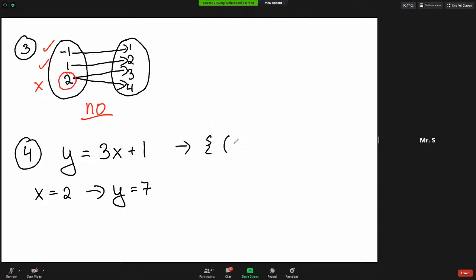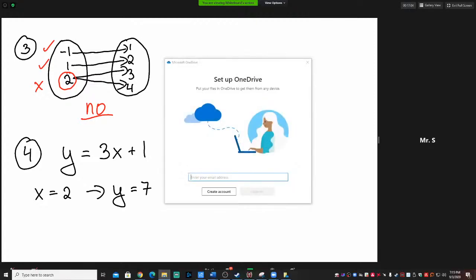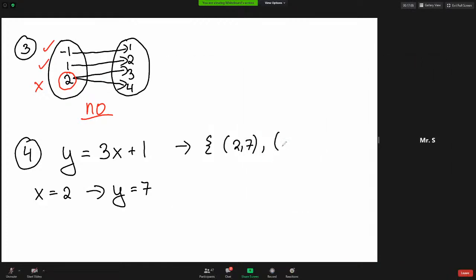So I can put 2, 7 as an ordered pair, and I can generate infinitely many ordered pairs. If x is equal to -1, for example, I plug that in for x. 3 times -1 is -3, plus 1 is -2, so I get another ordered pair, and I can keep doing that forever.